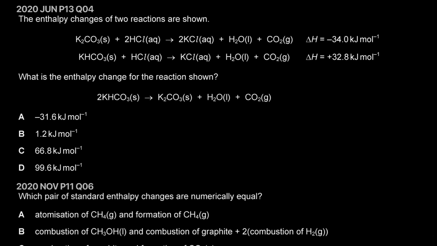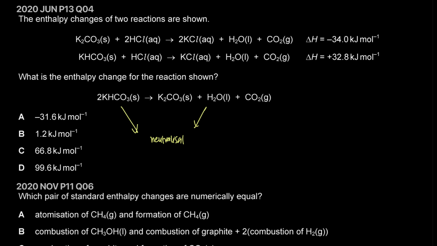If potassium carbonate is neutralized, we get KCl, salt, carbon dioxide, and water. And if potassium hydrogen carbonate is neutralized, we get KCl, water, and carbon dioxide. So what's missing in this cycle is the neutralization products: salt, carbon dioxide, and water.